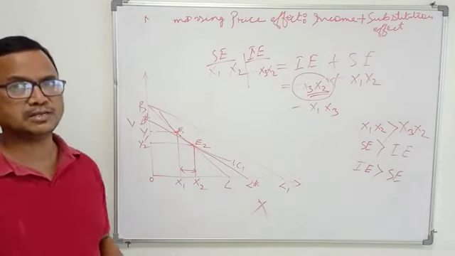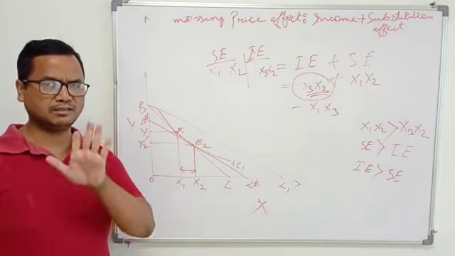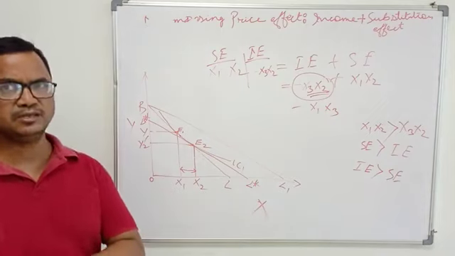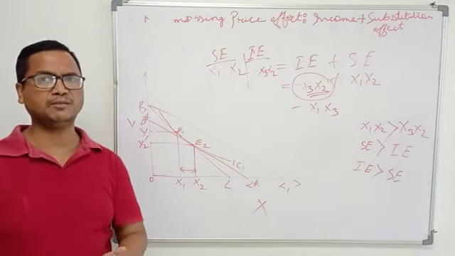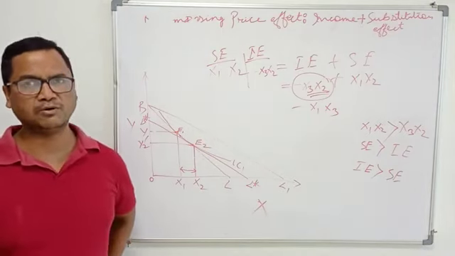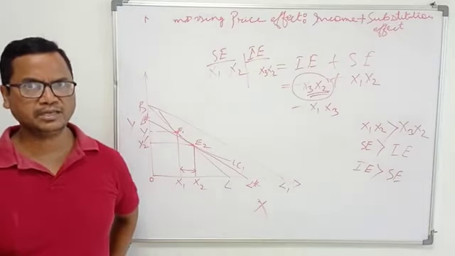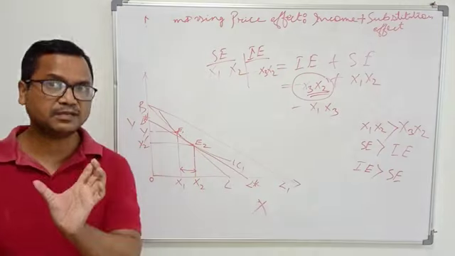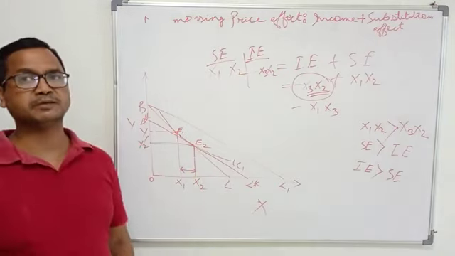But here what we have to understand is that the income effect is negative. Since it is inferior, with increasing income the demand for or consumption of that good will go down. Clear? The negative income effect will be more than the positive substitution effect.